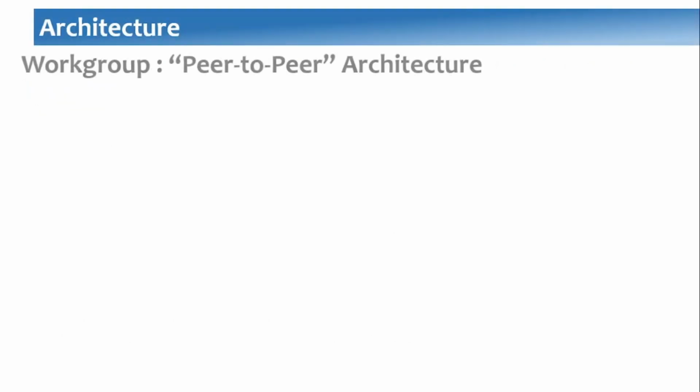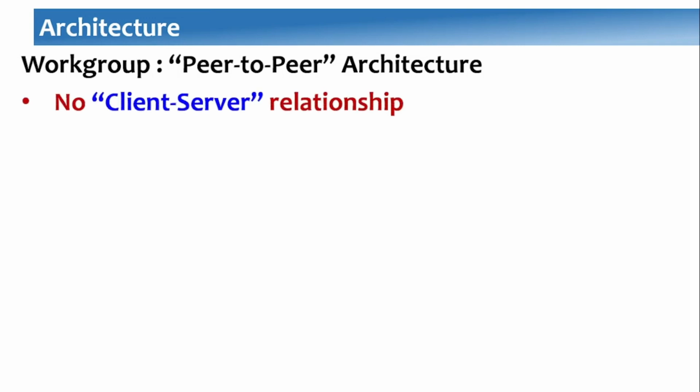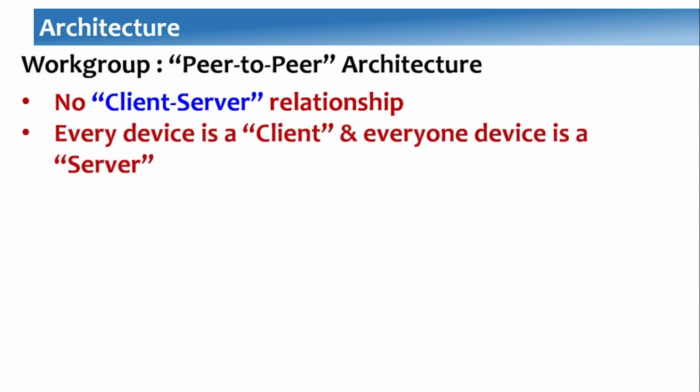So let's move on. Architecture. A workgroup is always a peer-to-peer architecture, meaning there is no client-server relationship. Everyone is a peer of each other. Every device is a client and every device is a server. So there is no client-server relation in the workgroup environment.